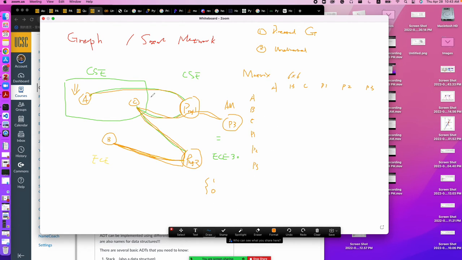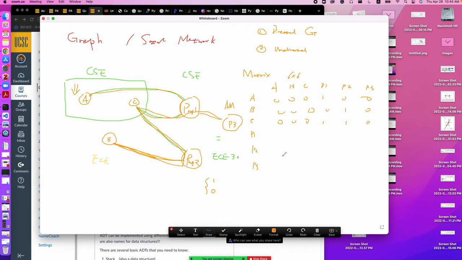For example, A knows Professor 1, so here is a 1, and no other, so the other ones are 0. For example, C knows Professor 1 and Professor 2, so here's 1 and 1, and the other ones are 0. What about B? He knows Professor 2, other one is 0.